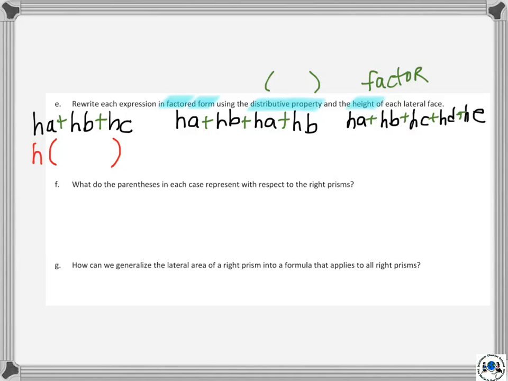Inside those parentheses, I am going to put the terms that, when I distribute them out, would equal HA plus HB plus HC. Those, of course, are A plus B plus C. If I distribute, and I'm not going to do this with all of them but I will with this one, H times A is our HA, H times B is our HB, H times C is our HC.